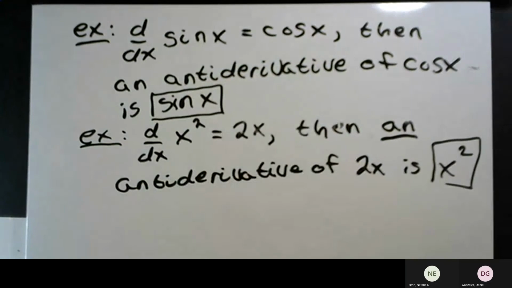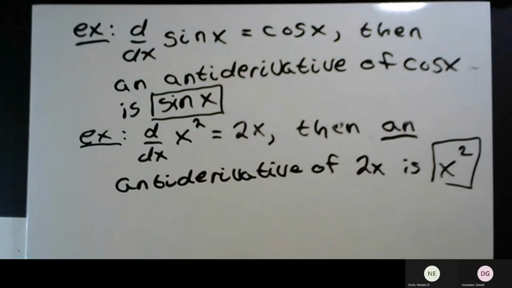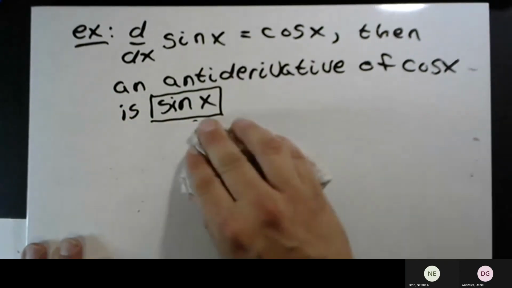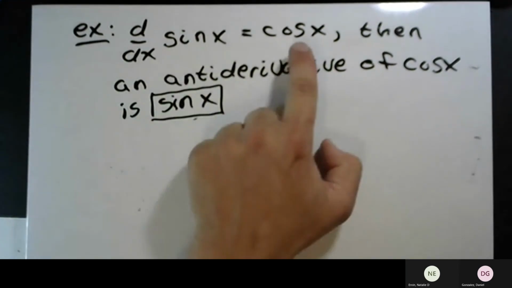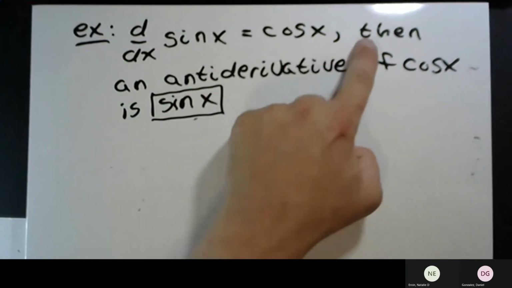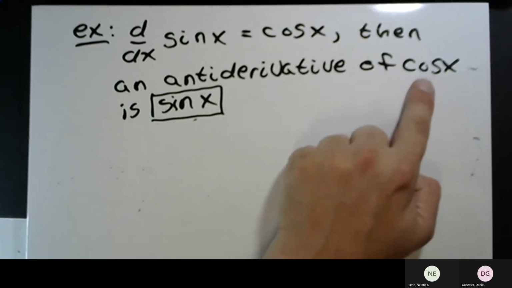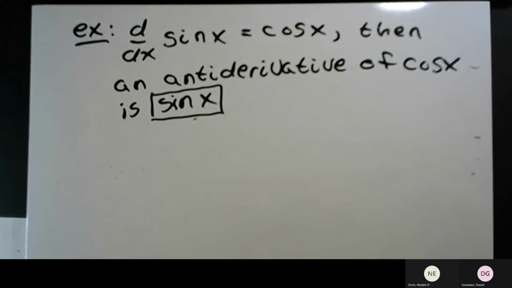If you're just joining us, we're talking about antiderivatives. They're the functions that derivatives come from. If you take the derivative of sine x, you get cosine x. So the antiderivative of cosine x, what function did this come from? It came from sine x. And we're saying an antiderivative. Again, we'll talk a little bit about that later.